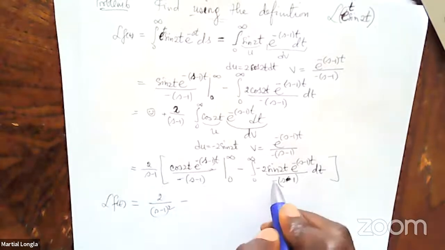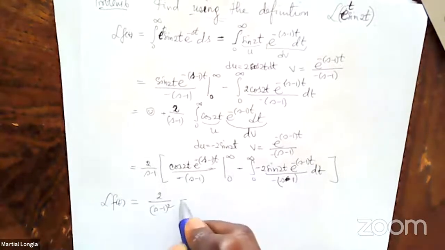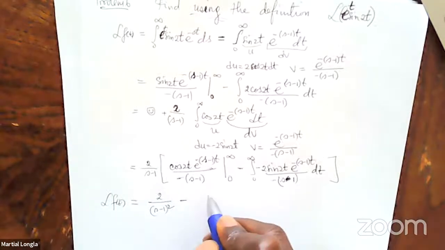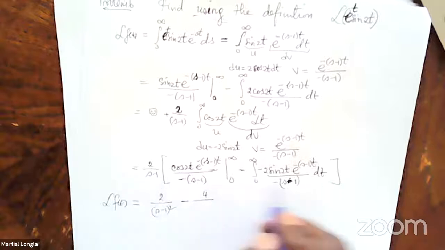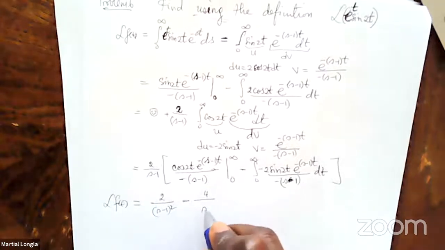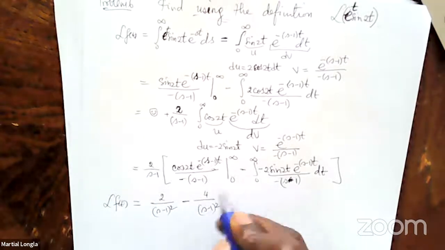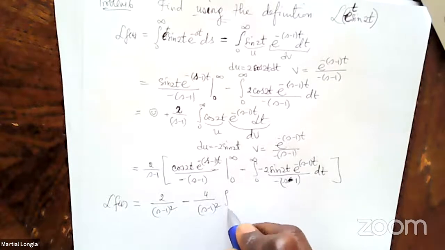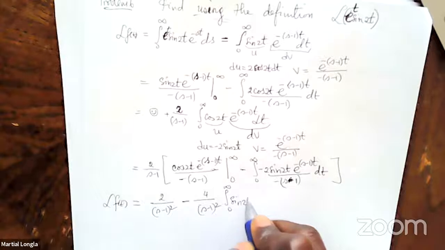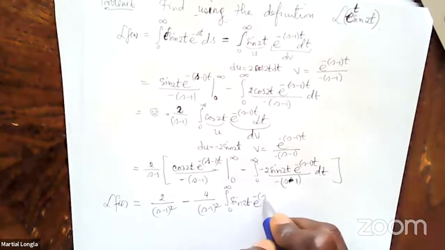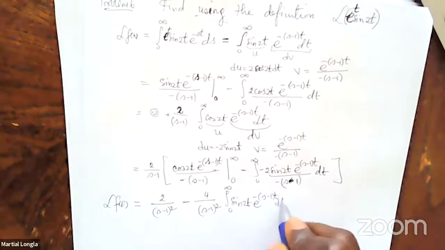And then minus, minus, minus, that becomes minus 2 and 2, that's 4, over s minus 1 squared. And what is left is the integral from 0 to infinity, sine 2t e to negative s minus 1 t dt.